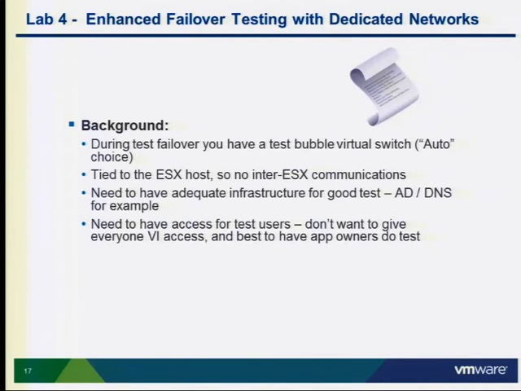So what this lab shows you is really the ability to create a test VLAN or a private test network that can have access to the outside world. It can also be mapped to multiple ESX servers. So when you're bringing up a bunch of VMs that make up a bunch of applications, you can bring them up on the test site, connect them to all different networks or all the same network.